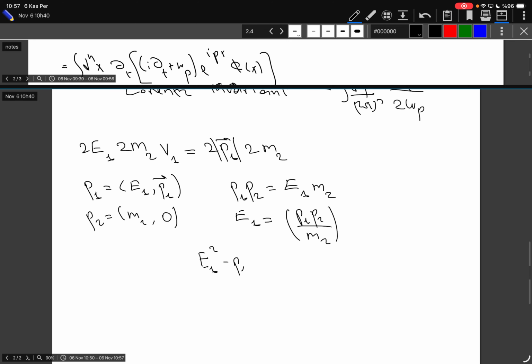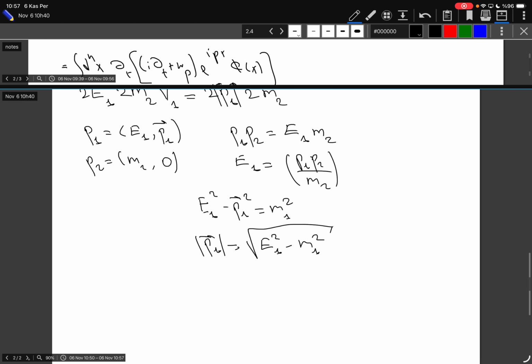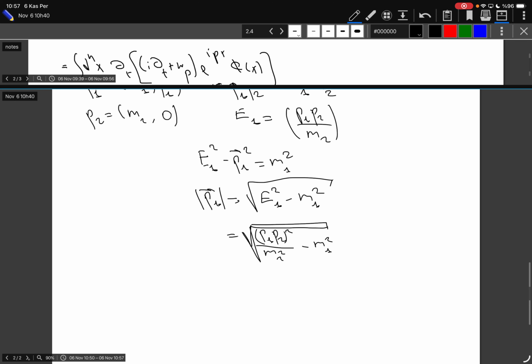Well, let's look at P1. E1 squared minus P1 squared is M1 squared, or P1 is actually the square root of E1 squared minus M1 squared. Well, I know E1. So this is (P1·P2) squared divided by M2 squared minus M1 squared, which will be the square root of (P1·P2) squared minus M1 squared M2 squared, all divided by M2.